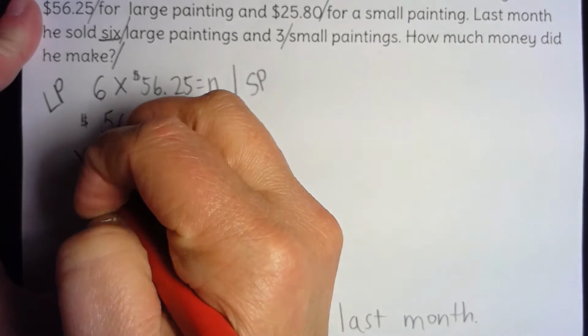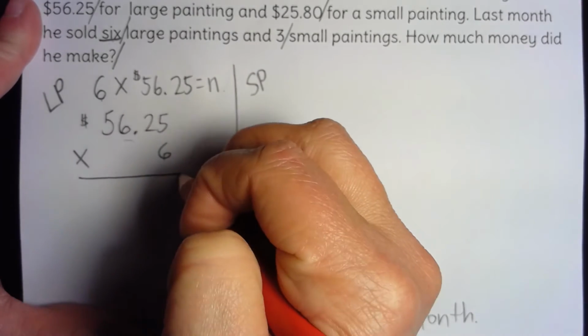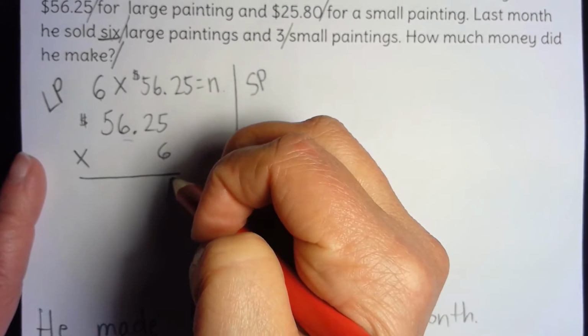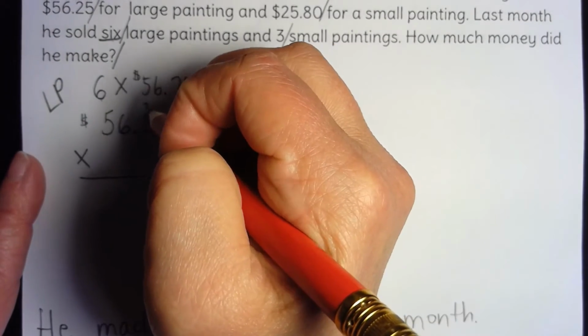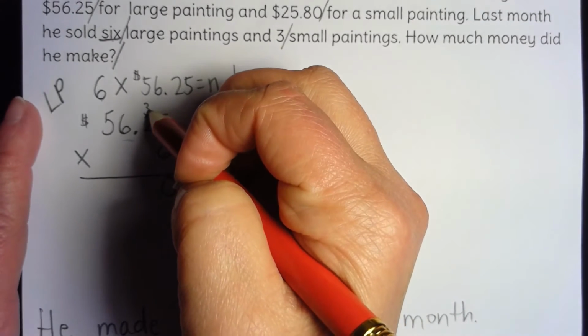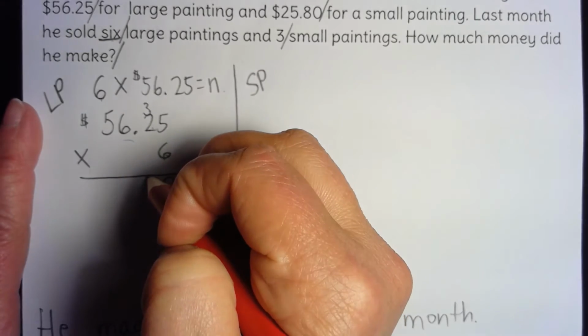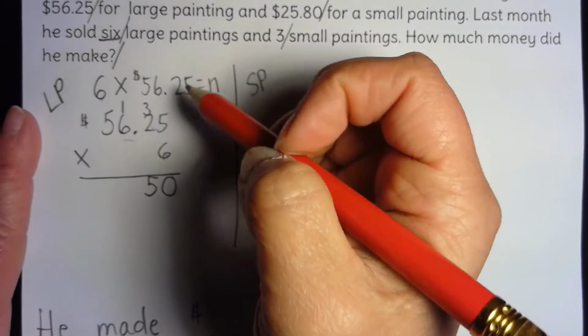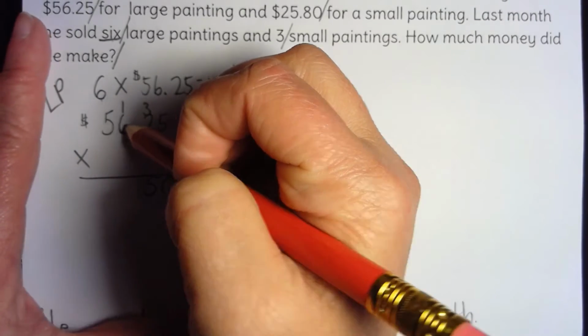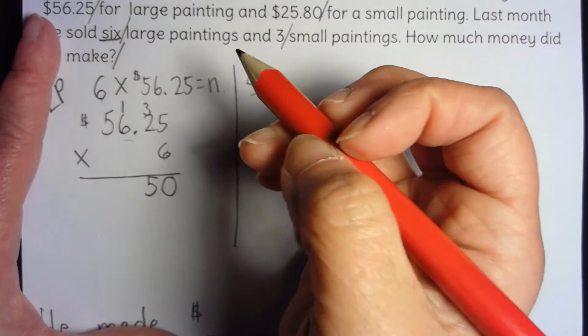56.25 times 6. Okay, 6 times 5 is 30. I put down the 0, carry the 3 tens. 6 times 2 is 12, plus the 3 tens I carried is 15. Put down the 5 tens, carry the 100. 6 times 6 hundreds is 36, plus the 1 I carried is 37.